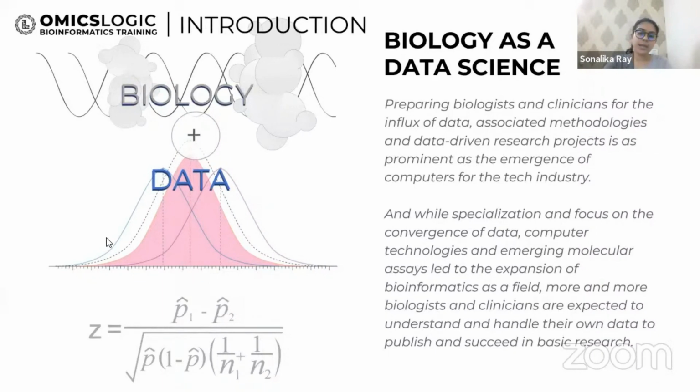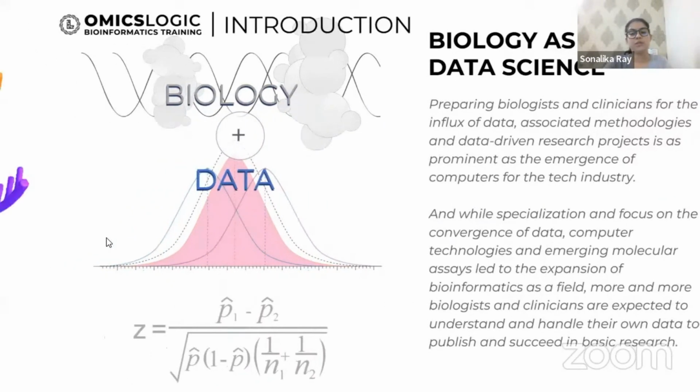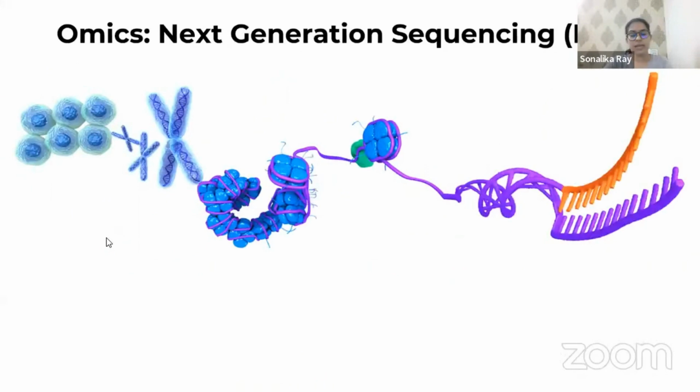This training program will give an overview of bioinformatics for understanding multi-omics data analysis for students, biologists, and clinicians, and the influx of data associated with these methodologies and data-driven research makes bioinformatics for life sciences as prominent as the emergence of computers is for the tech industry.